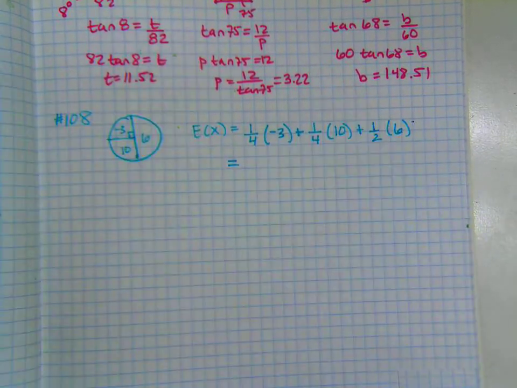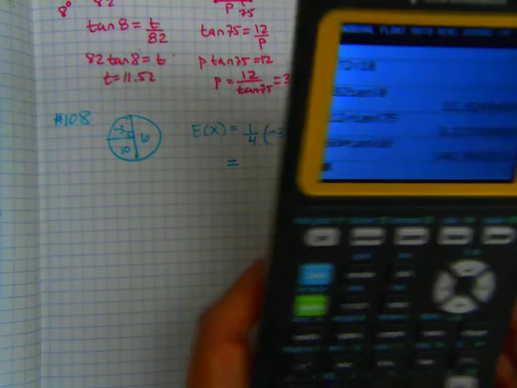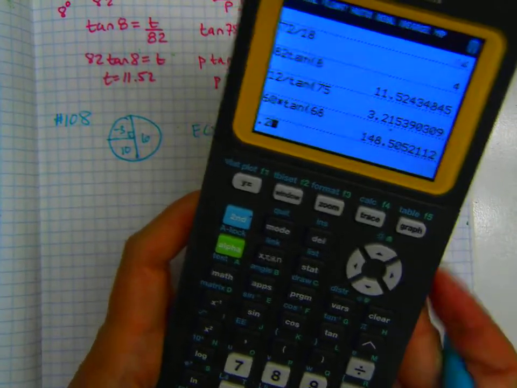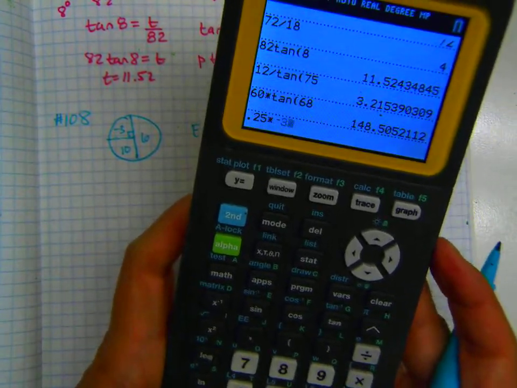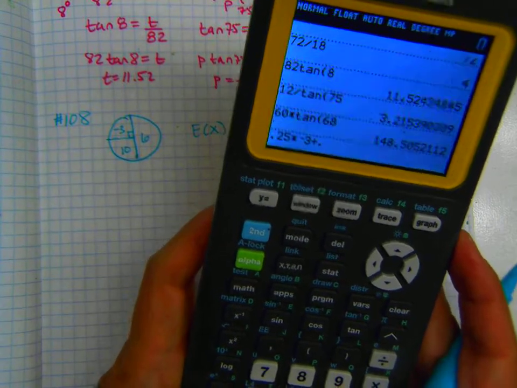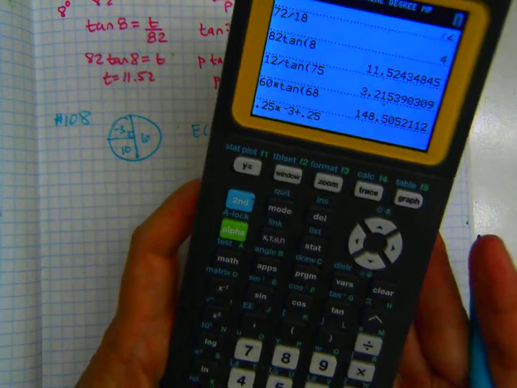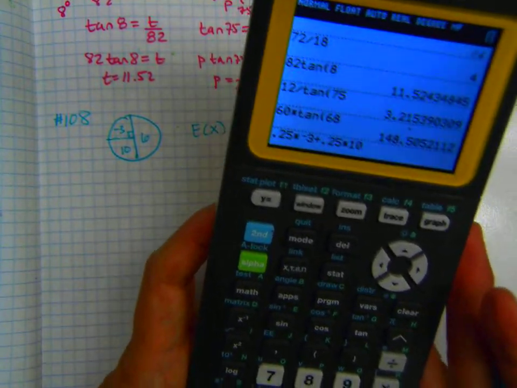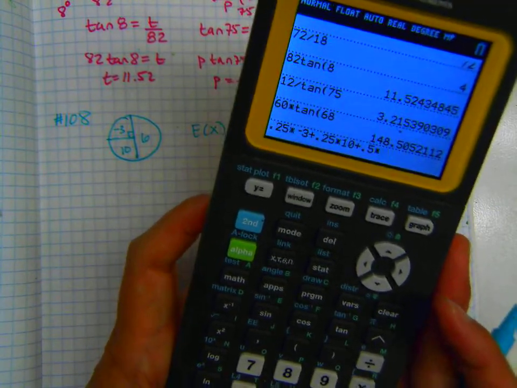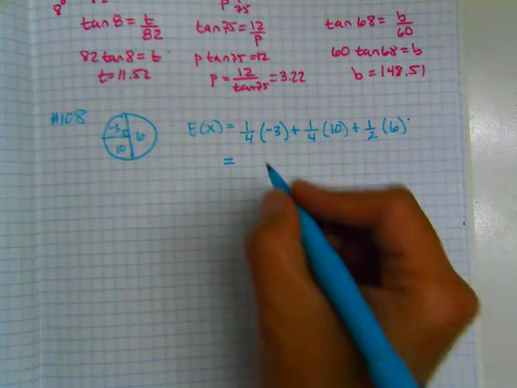So all I have to do is put all of that into my calculator. So it's going to be 0.25 times -3 plus 0.25 times 10 plus 0.5 times 6, and I get 4.75.